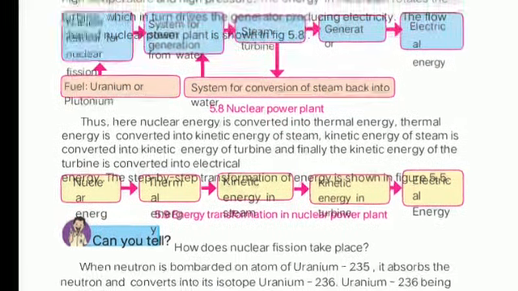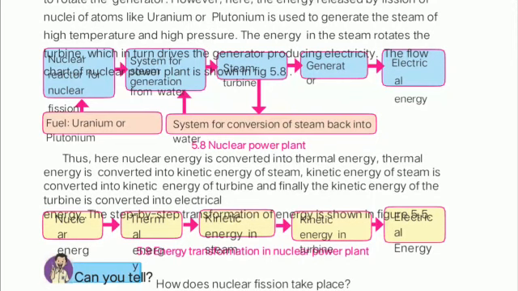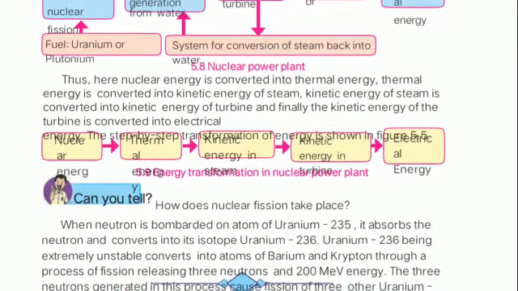So this is exactly the same as a thermal energy generation plant, only the first block is different. There it was coal, and here it is a nuclear chamber. The energy transformation is also likewise. Here the first energy is nuclear energy, and in thermal the first energy was coal, that is chemical energy.